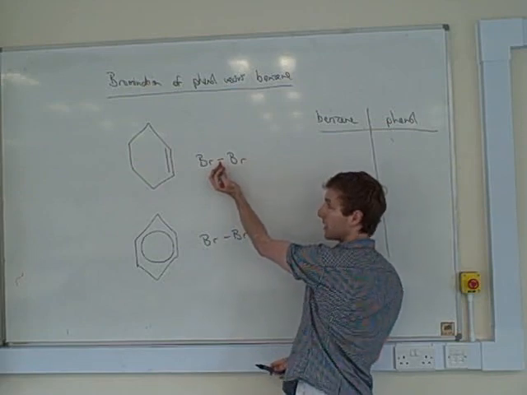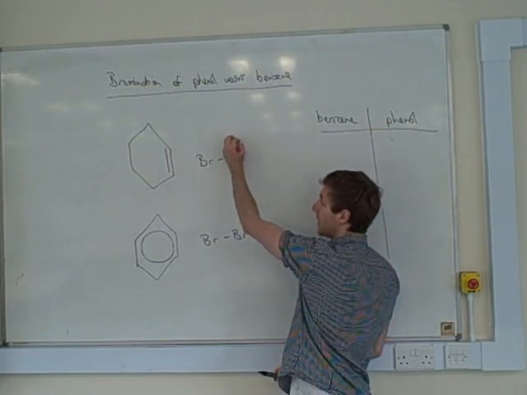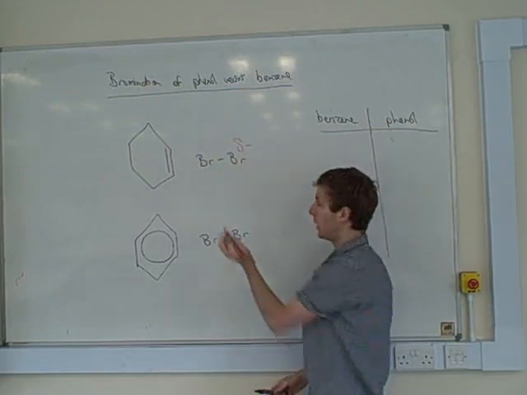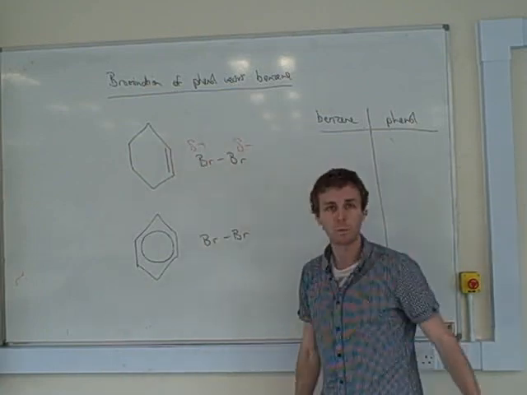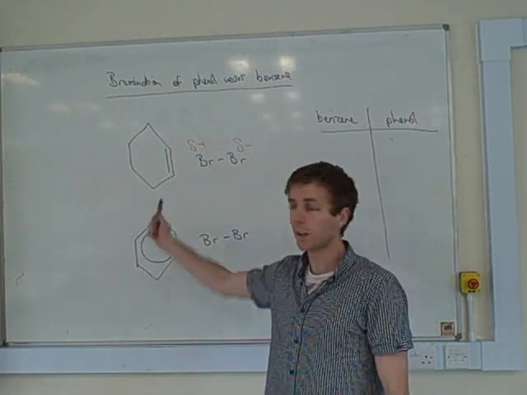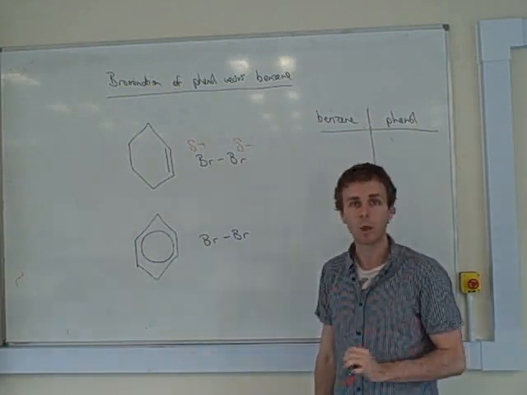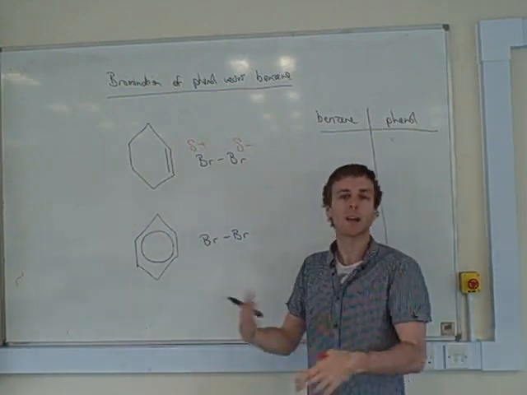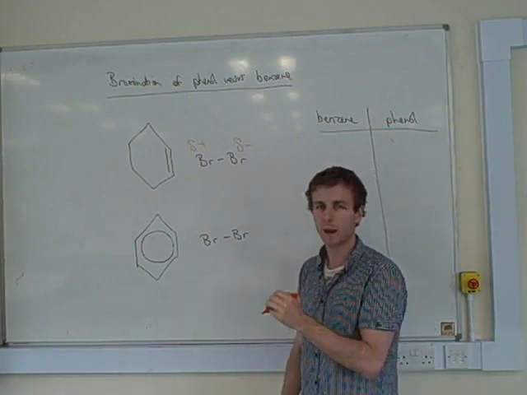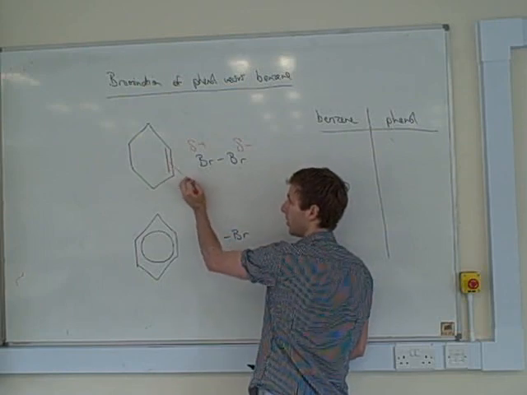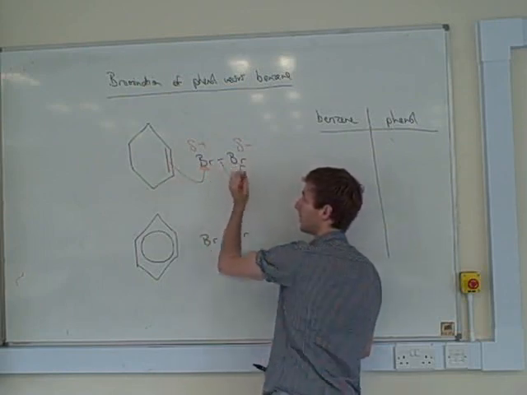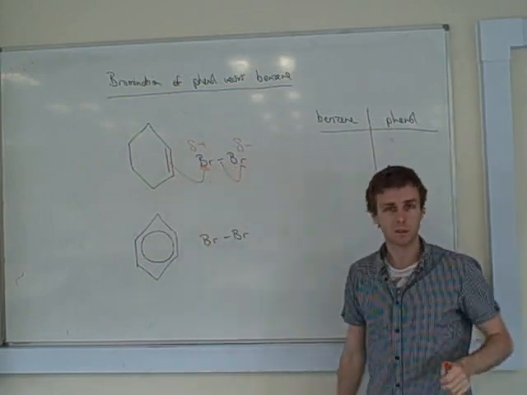As the electrons are now closer to this bromine, this will get a negative dipole, and as they're further away from this one, we will have a positive dipole. Because my cyclohexene has induced a dipole, it can now attack it and a reaction can happen. If you think back to the first module of AS chemistry, the double bond is going to attack here, this bond is going to break, and so on.